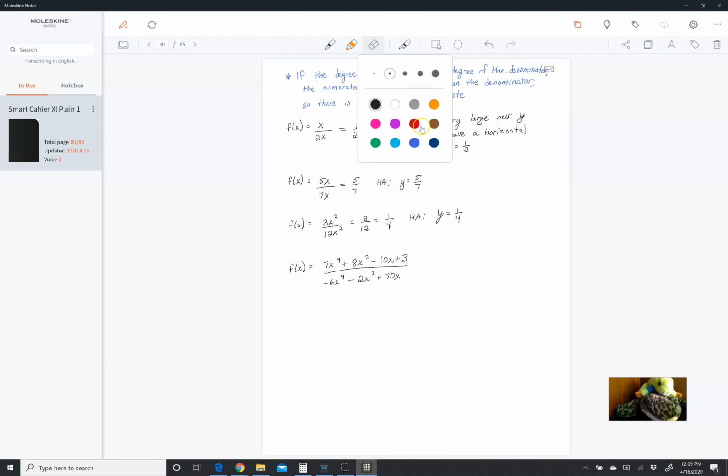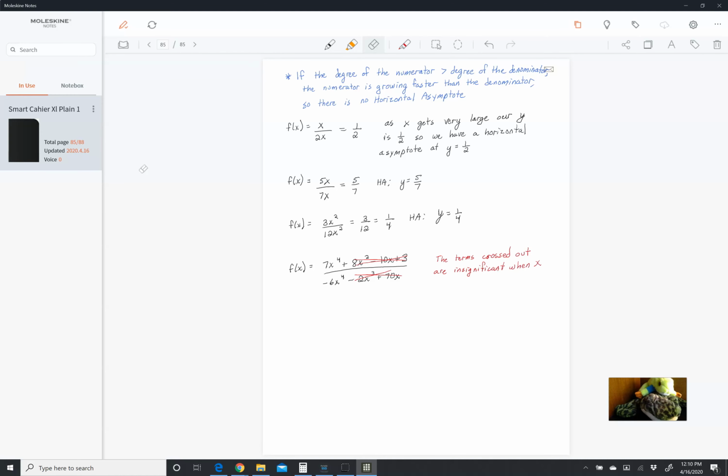These terms become insignificant. The only terms that matter are the first two. The terms that we crossed out are insignificant when x is very large, because 7x to the fourth is so much larger.